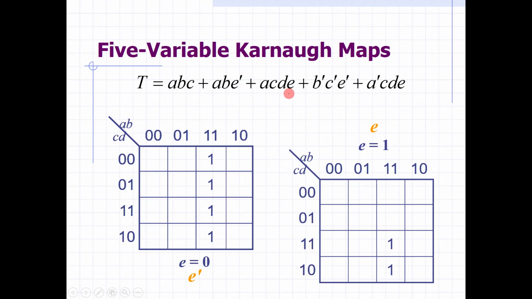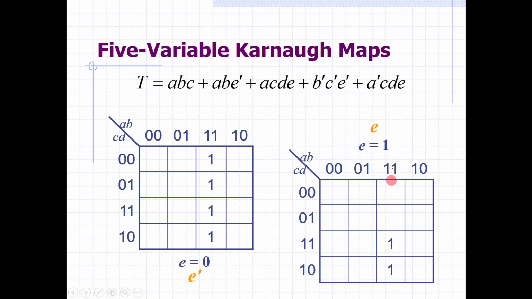With 4 variables, let's see where this spot ends up being. This is A is 1, C is 1, D is 1, E is 1. So I know I'm in this picture. I can forget about the picture on the left because I know that E has to be 1 for this 3rd term. And now I just have to put 1s in this table whenever A is 1, C is 1, and D is 1. So where is A 1?